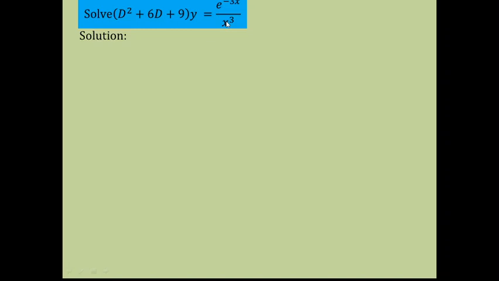Now see here, one can have a thought that I can write this e raised to power minus 3x upon x cube like this, e raised to power minus 3x into x to the power minus 3. So one can see that it is a product of two functions, out of which one is exponential. So one may think to apply case number 4. But be careful, case number 4 is not applicable, because here the function other than exponential is not of the form x raised to n.